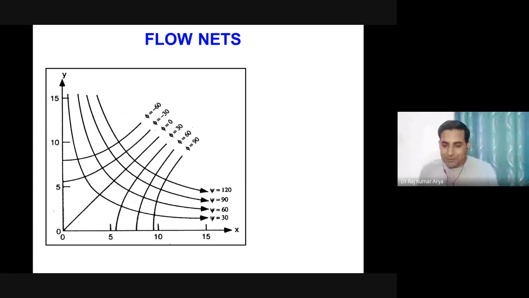Anyway, good output. So here, where the stream function value is high, it means that particular streamline is moving faster. So there your velocity needs to be very high.